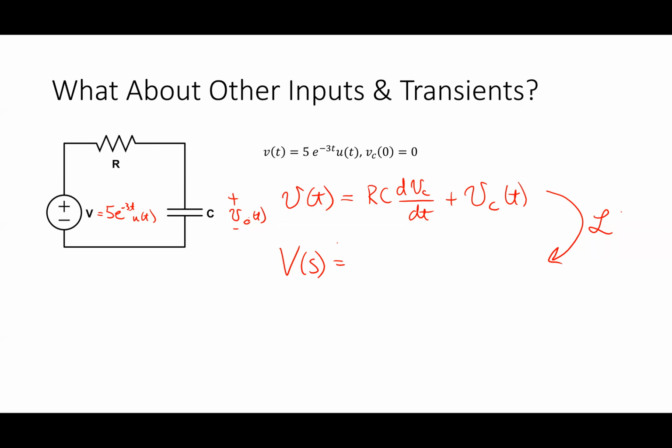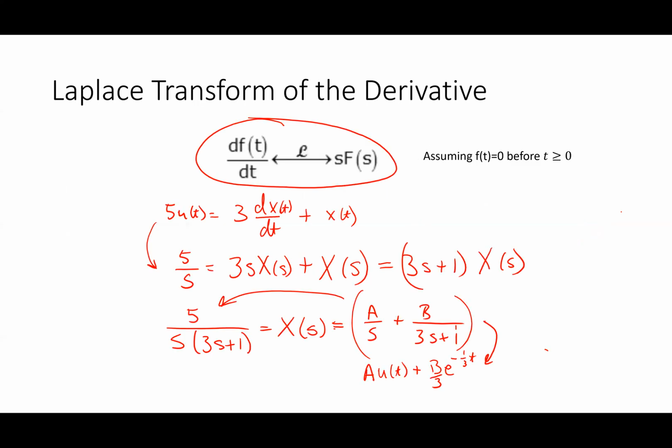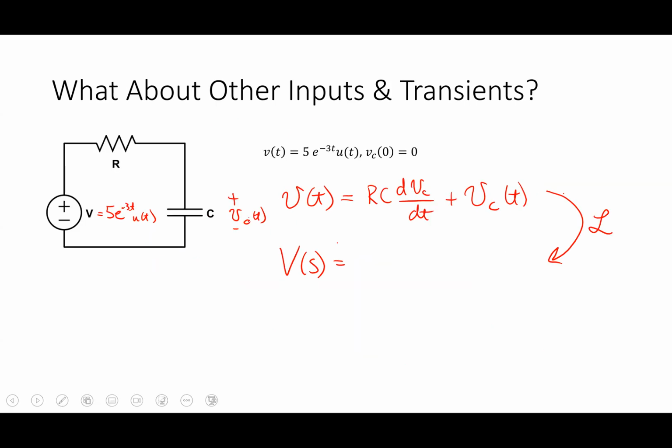Anytime I have a d by dt, that becomes in the Laplace domain just an s. So what I end up with is RC times s times V sub C of s plus V sub C of s. In other words, I replace all of the time domain functions with their Laplace transforms.